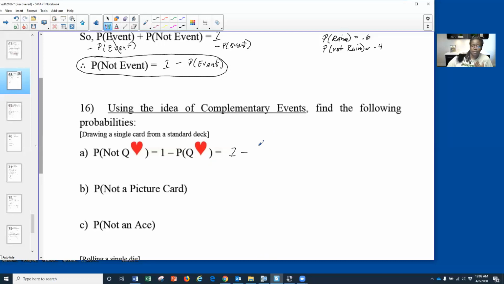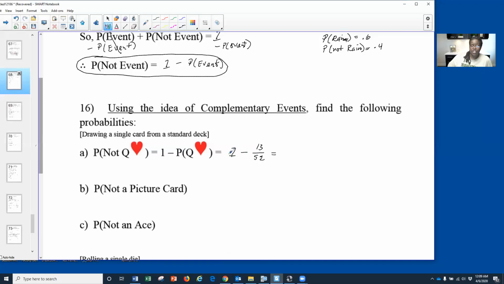So we have 13 all over 52. Now, we don't really need a calculator for this, but if you want to use your calculator, you would put this expression in your calculator and press enter, and then change it into a simplified fraction. But 1 is our friend, so let it be our friend, okay? So we have 1 minus 13 over 52.